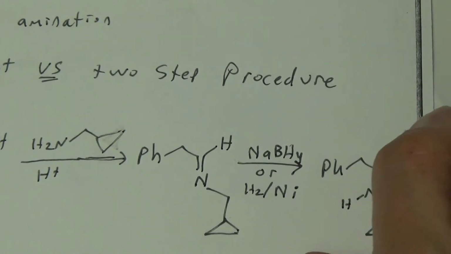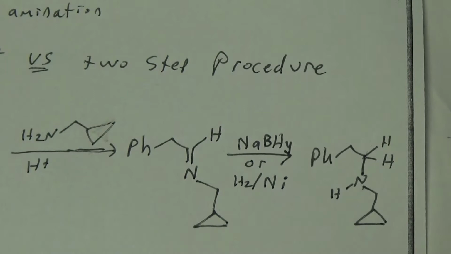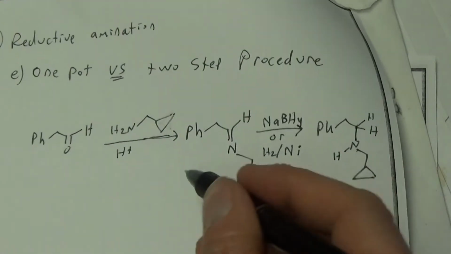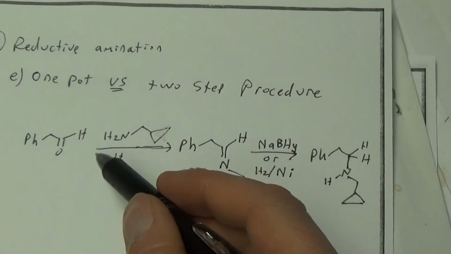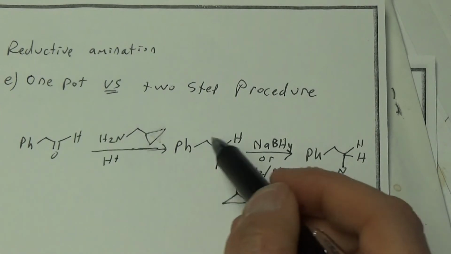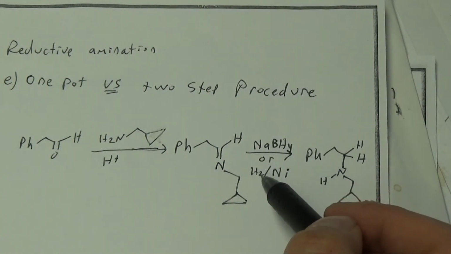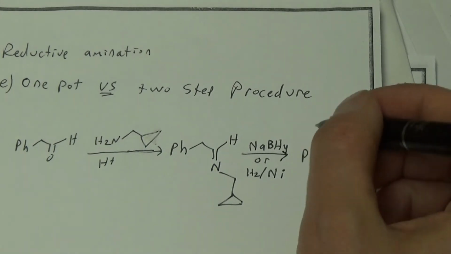Now we have two H's, and you got the amine. So this is a two-step process where we purposefully make the imine, and then we throw in a reducing agent, either NaBH4 or H2 nickel, and then you get the final product out.